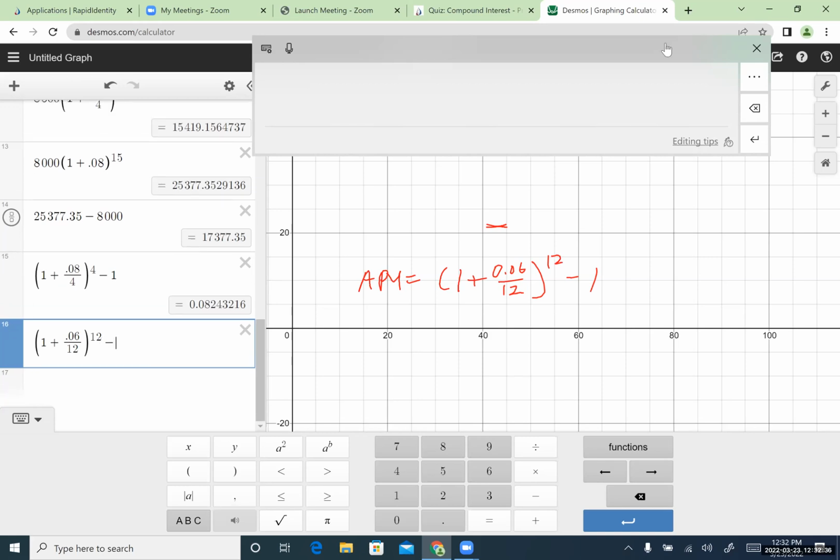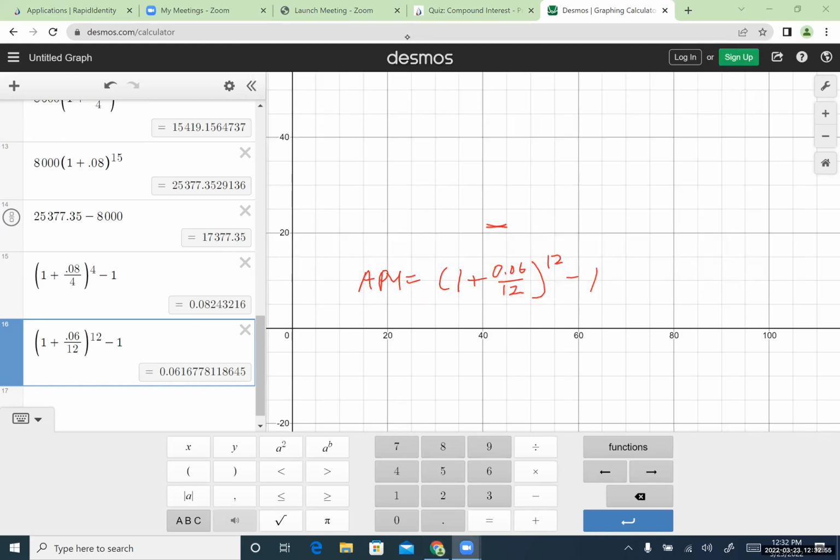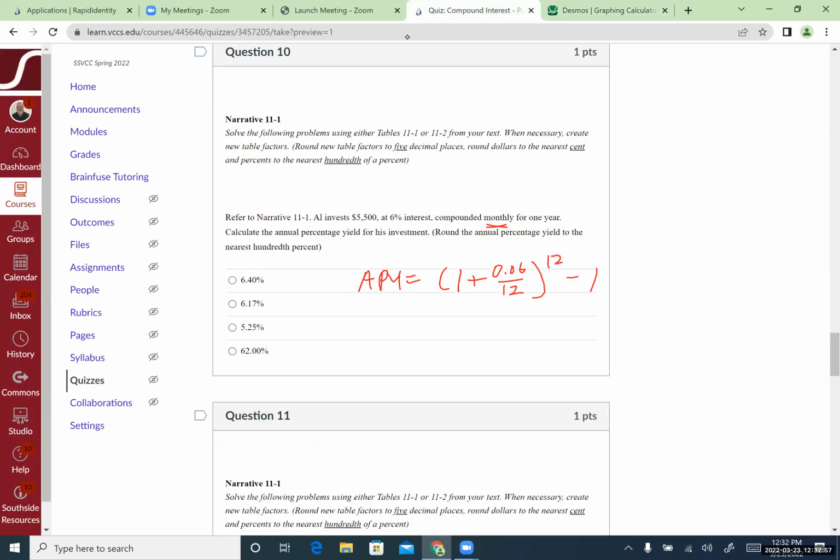Then we subtract 1 from it. I get 0.0616 or 0.0617, which will be 6.17%. 6.17% is right here.